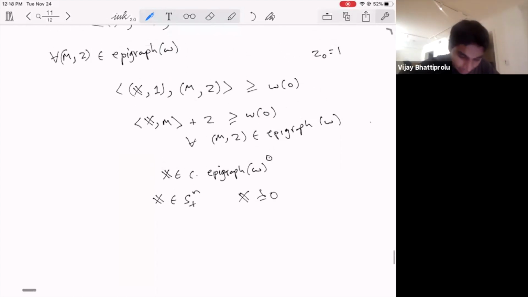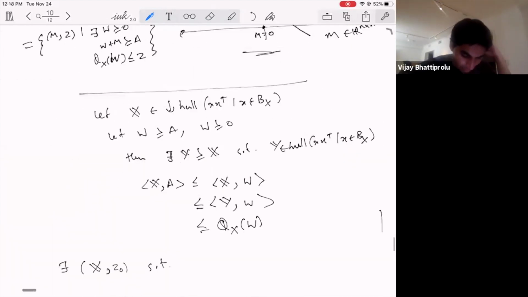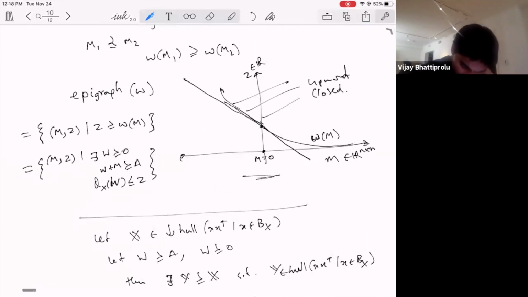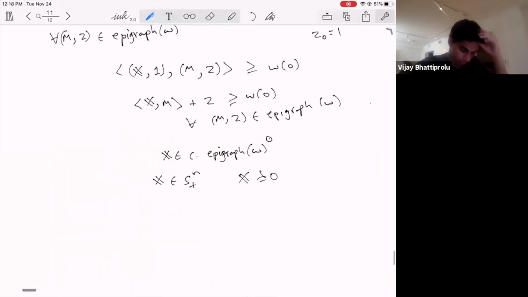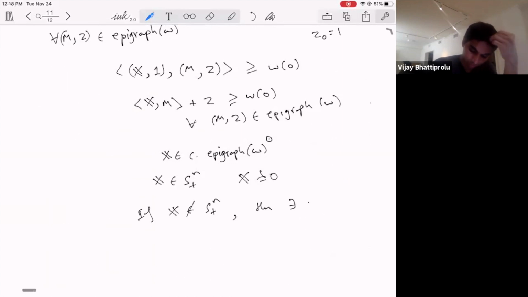I can actually prove it here if people are not happy with how quickly I went over that. So basically, if X does not belong to S plus N, then there exists W prime that's PSD such that X inner product W prime is negative.